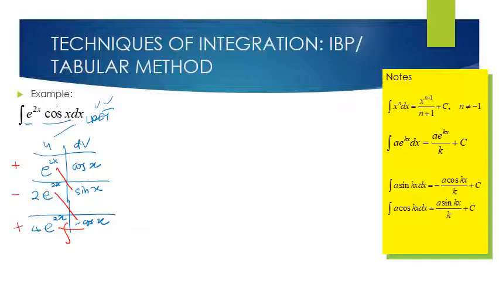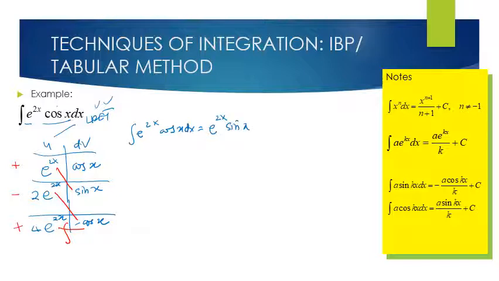So our solution will become the integral of e^2x cos x dx equal to: plus multiplied by plus, we get plus, so we have e^2x sin x.